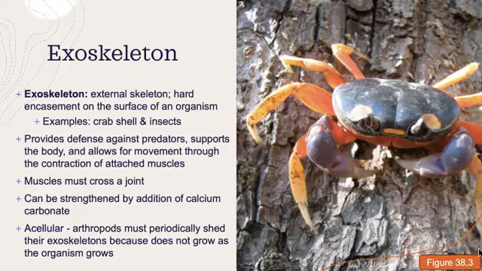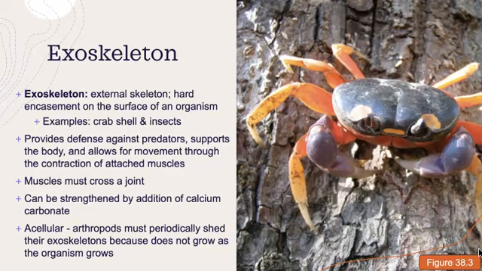Next up, we have our exoskeleton, which is an external skeleton. It is a hard encasement on the surface of our organism, and so we can find it in animals like crabs and insects. The skeleton provides a defense against predators, supports the body, and allows for movement through the contraction of attached muscles.